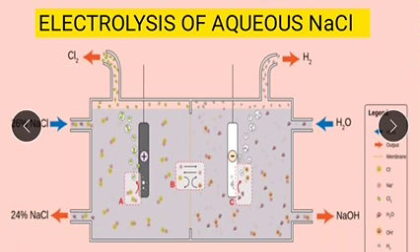This is the electrolysis cell. In this case, we take aqueous sodium chloride as the electrolyte in this electrolytic cell.